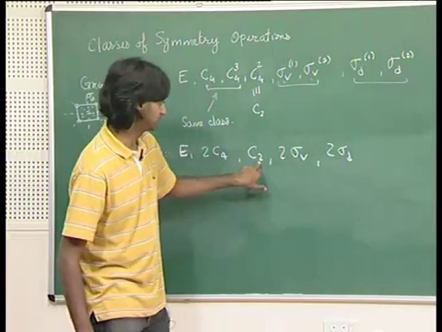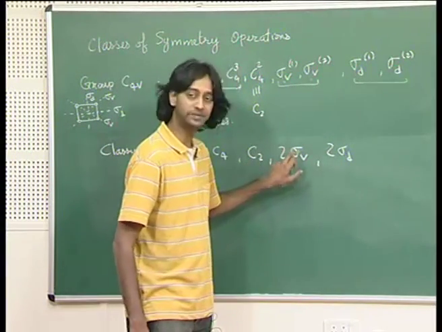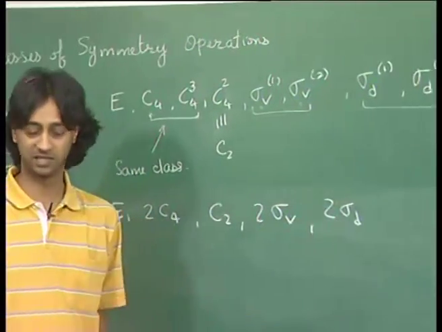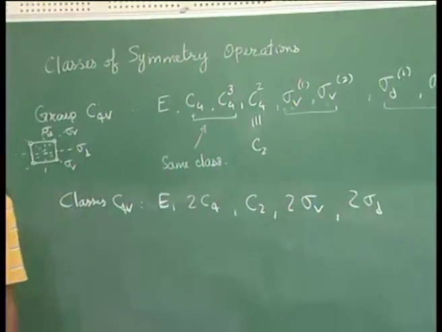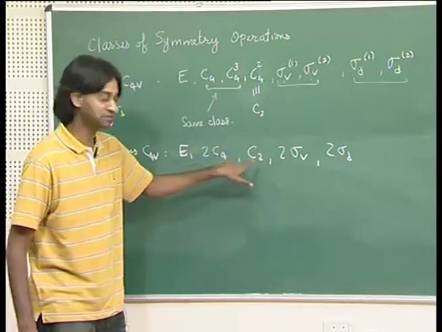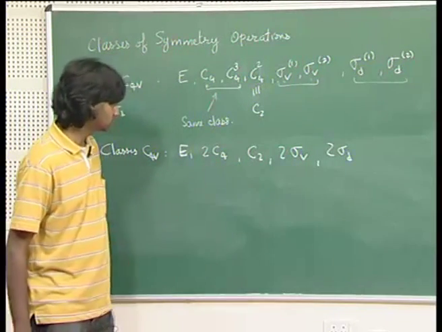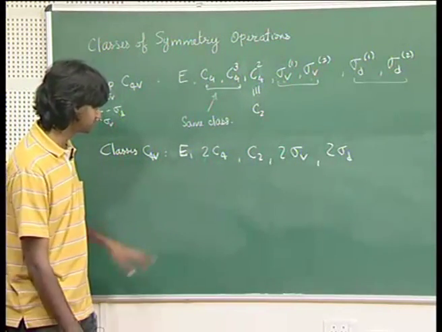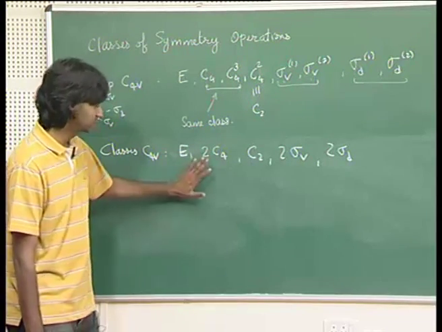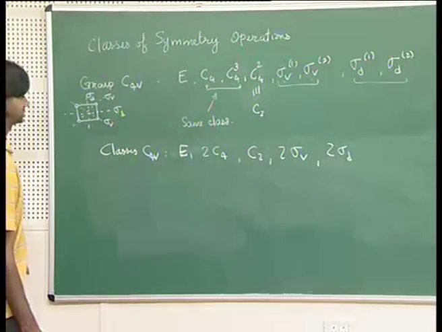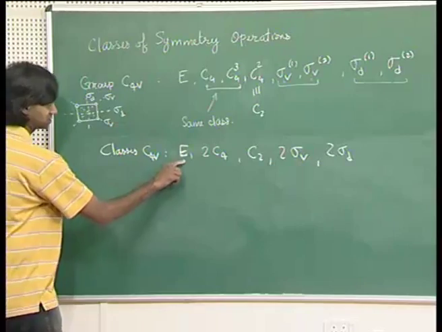There is one C2 operation. There are two equivalent sigma V's and two equivalent sigma D's. Now this notation in terms of classes is what is used in most of the character tables. So let's just try to write down the rules for writing such notations. So this is a new notation.